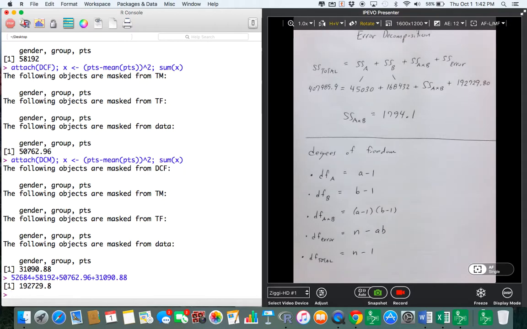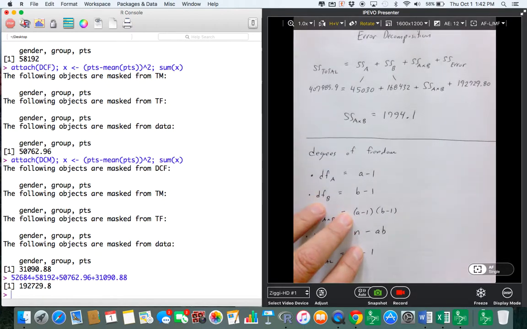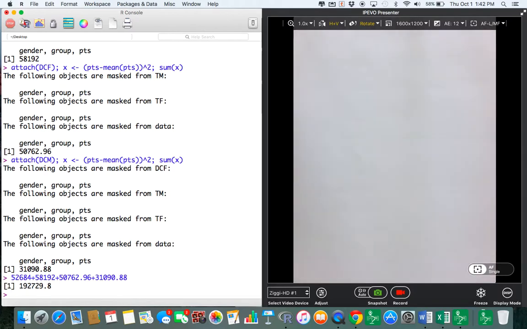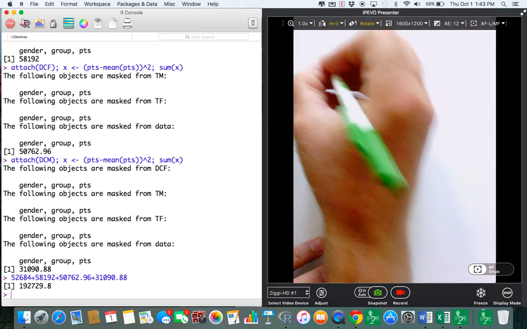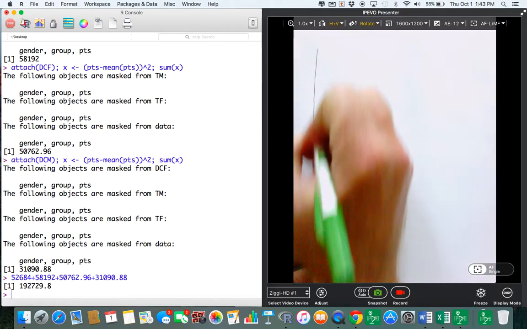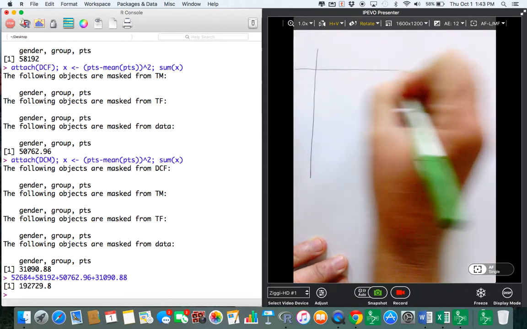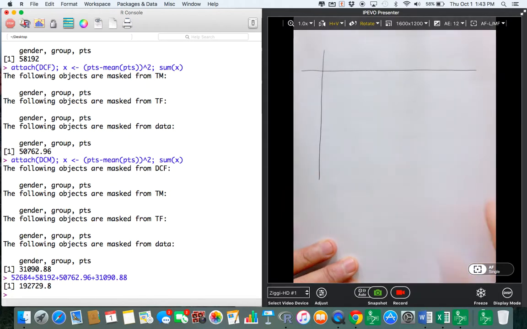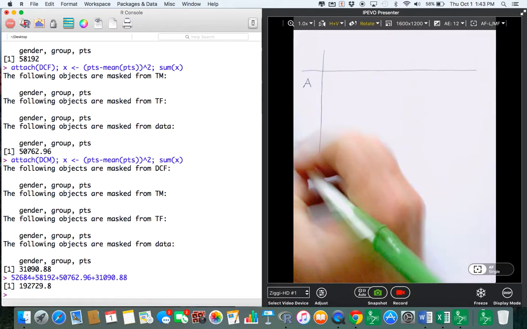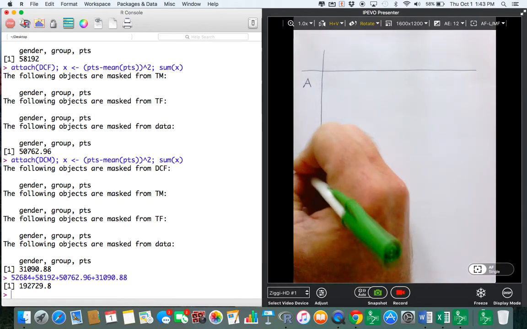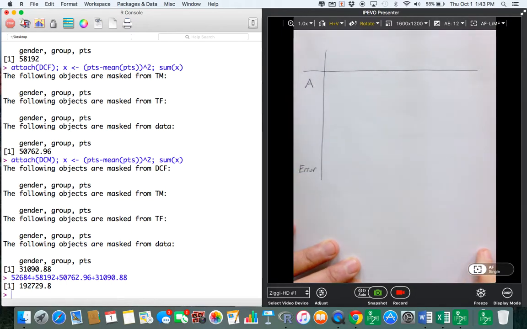So, gang, what we can do is we can now get an indication of our F statistic, and I'm not going to go through this for every one of them, but what I'll do is go through one illustration. All right, so for A, and then I want to come down to my error.